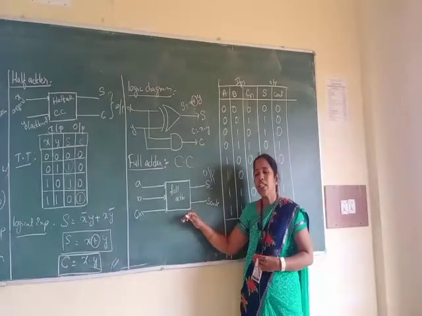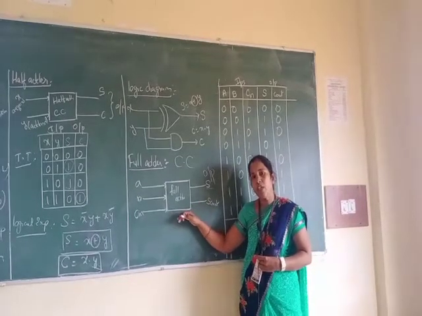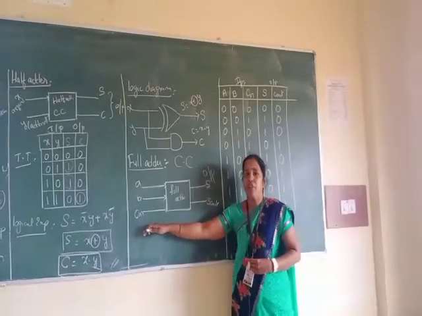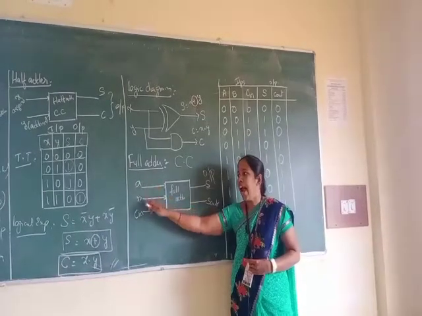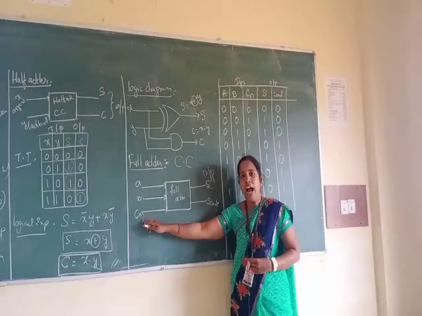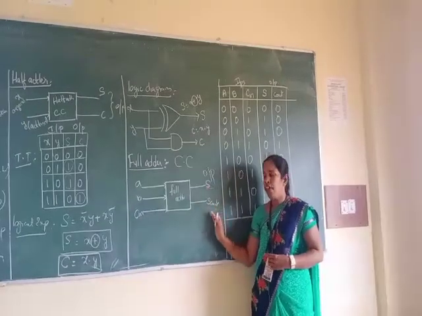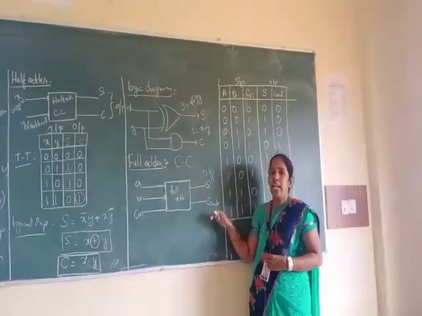First is the definition. A full adder is a combinational circuit which takes 3 input variables, such as augend, addend and a carry, and generates 2 output variables, that is sum and carry out.